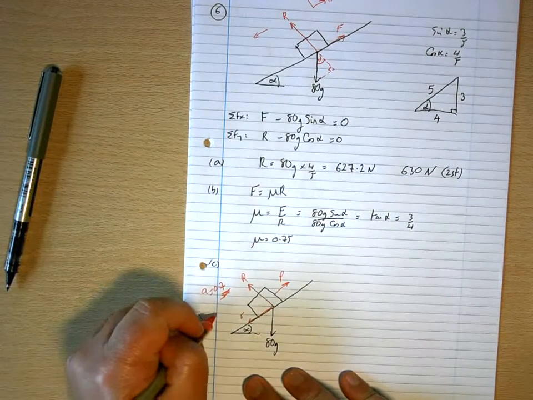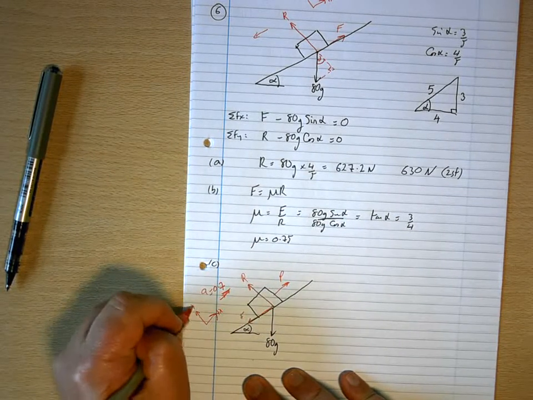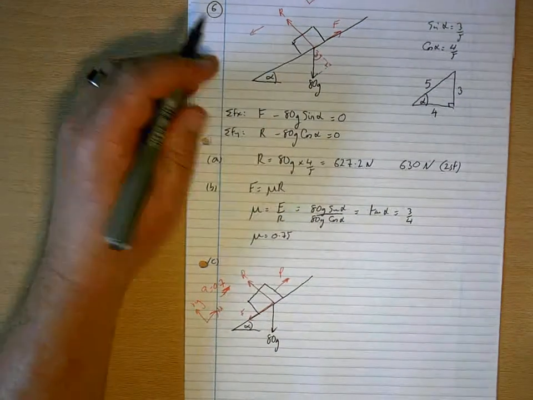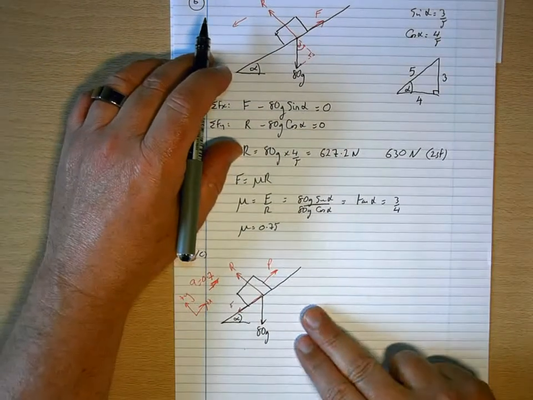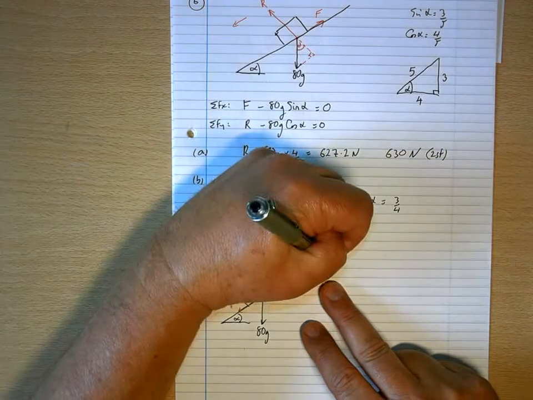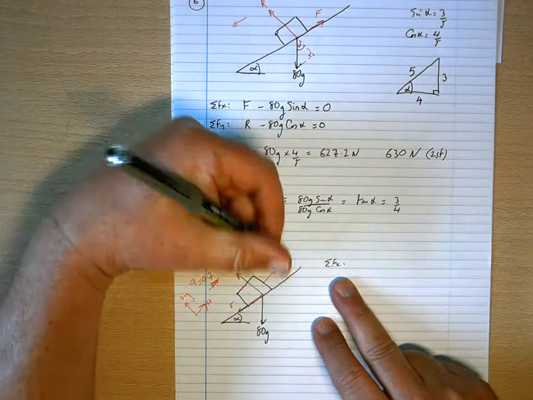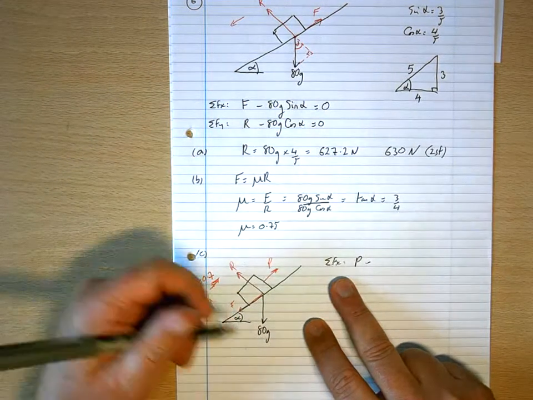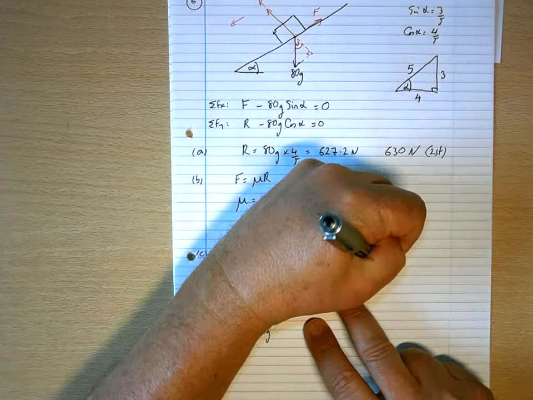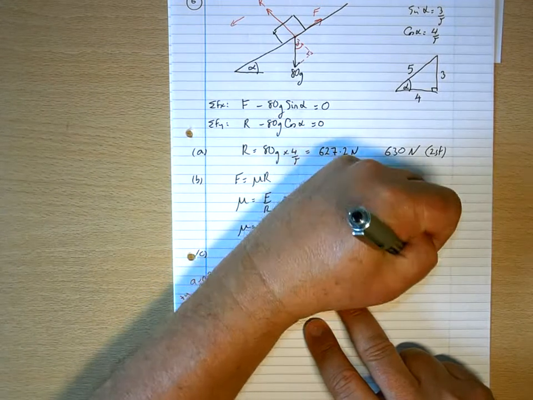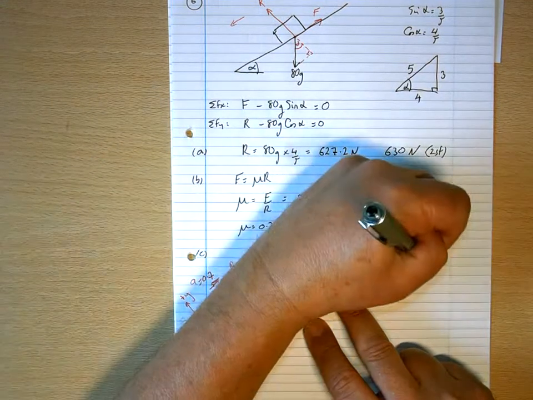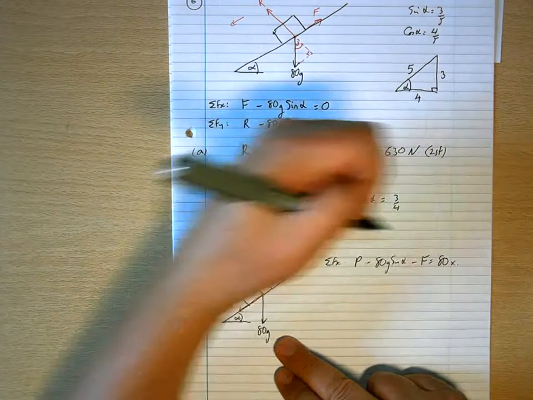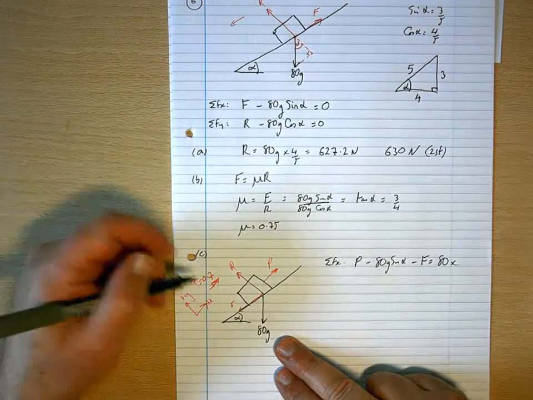I'm going to keep my plus x and plus y in that direction. This time the sum of the x forces is equal to the mass times acceleration. So sum Fx: P minus 80g sine alpha minus the frictional force equals the mass, 80, times the acceleration, 0.7.